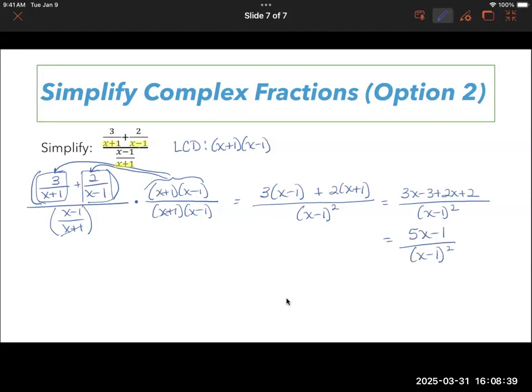Personally, I think this is an easier way to do the problem if you're comfortable with finding LCDs. But both options work, and so whichever one makes more sense to you and feels more comfortable to you is totally fine. Just make sure you show your work on how you're approaching it so your teacher can follow your thinking.